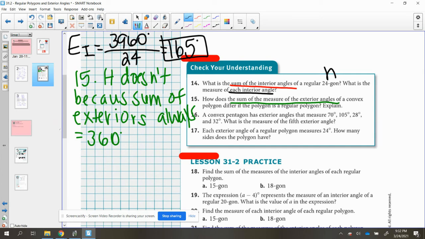All right, now in number 16, it says we have a convex polygon whose exterior angles are 70, 105, 28, and 32, and it's a pentagon, so it's 5 sides, and they're giving us 4 out of the 5. What's the measure of the 5th exterior angle? Well, again, the exterior angles have to add up to equal 360 degrees.